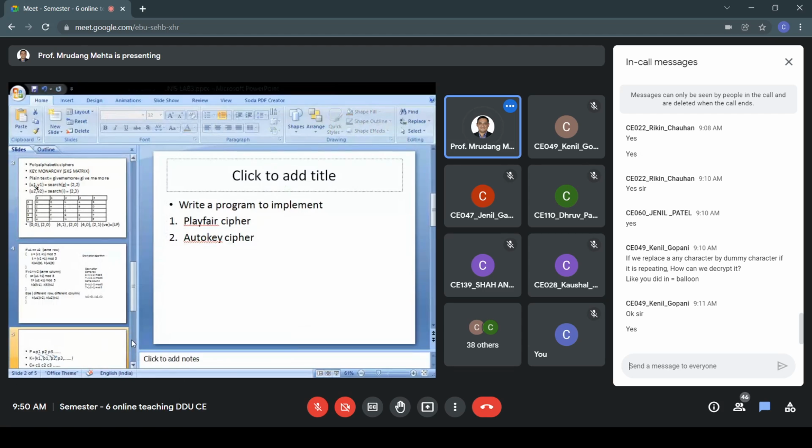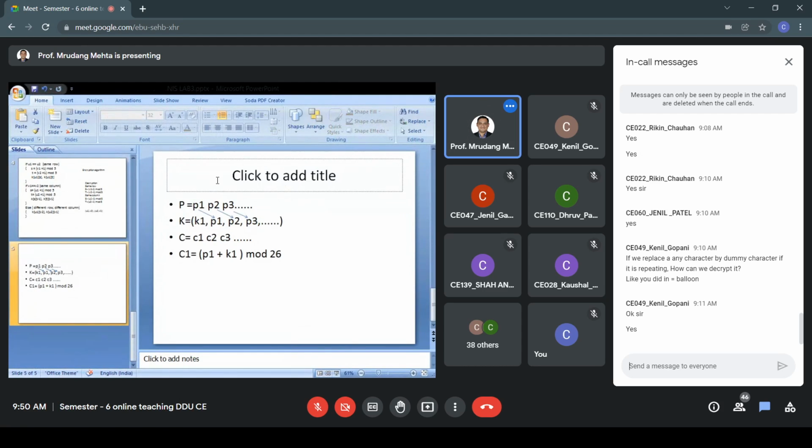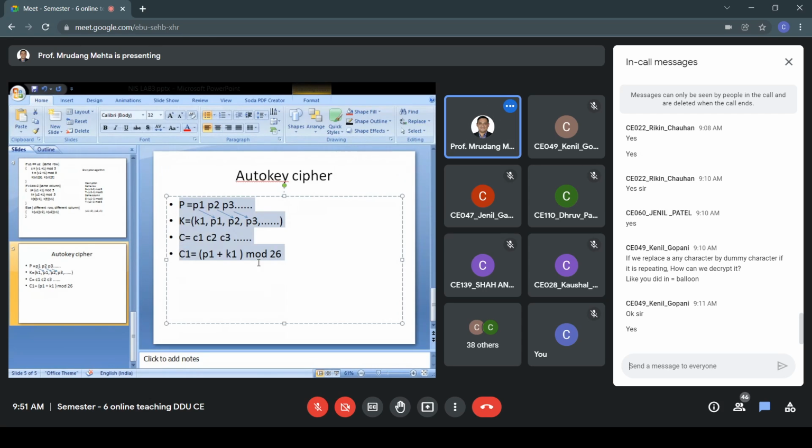In auto key shifter, your plain text is a sequence of characters, right? Each character is considered as P1, P2, P3, like that.